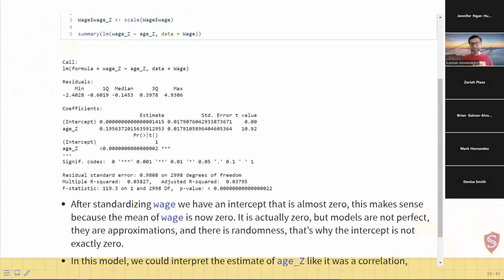How many children do you have, right? That one could also be standardized. You could transform that variable into Z scores because you want to compare the slopes of different variables. Of course, number of children and age follow a different metric, or you could standardize that in order to simplify the interpretation of your regression model.